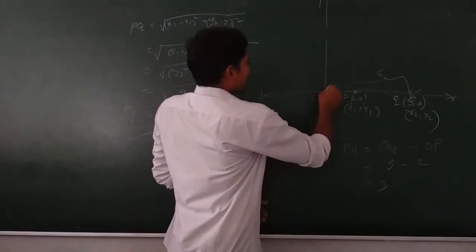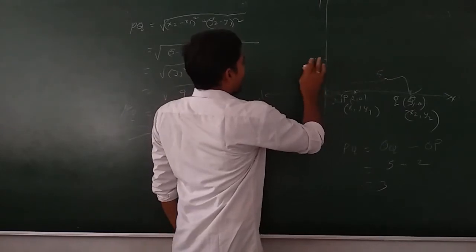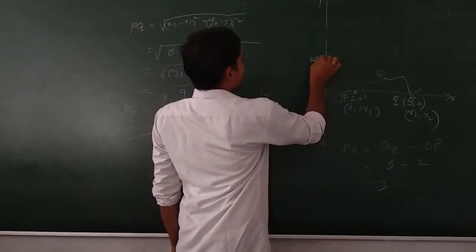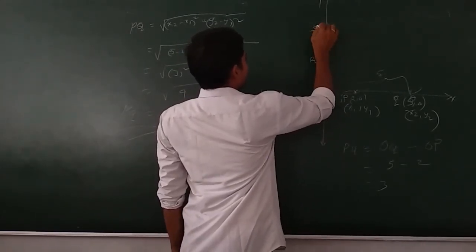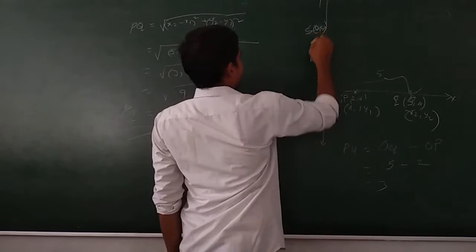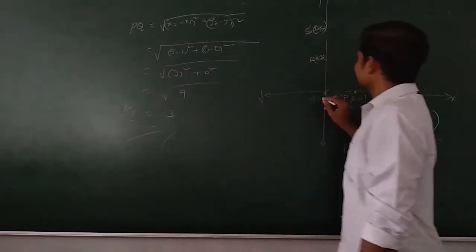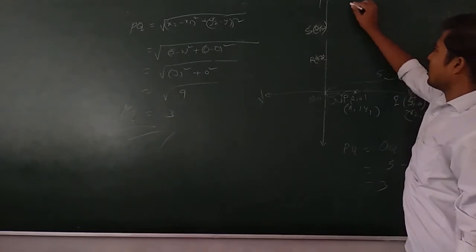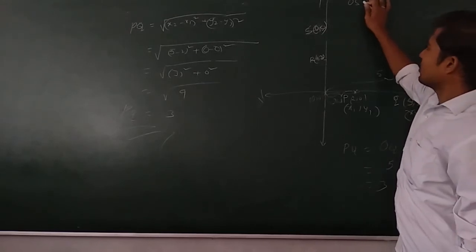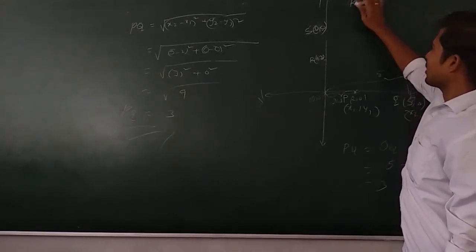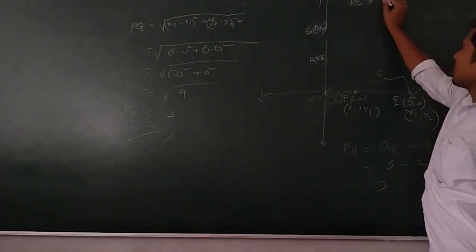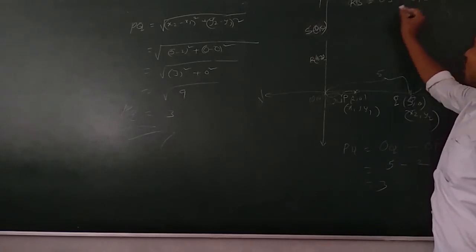Suppose R is 0, 3 and S is 0, 5. Then the distance between them, RS equal to OS minus OR.